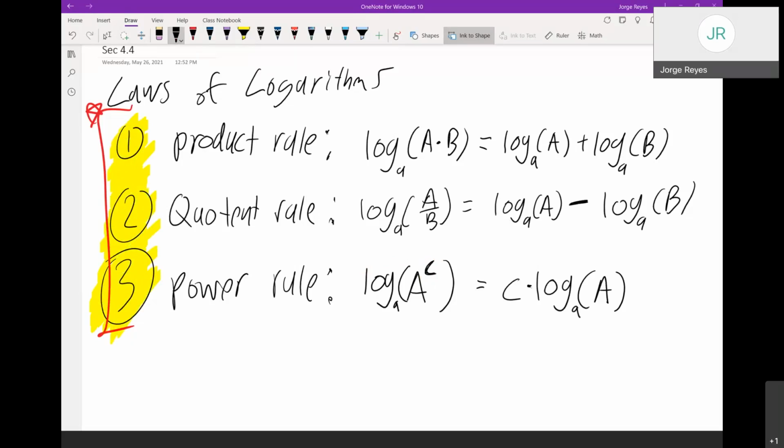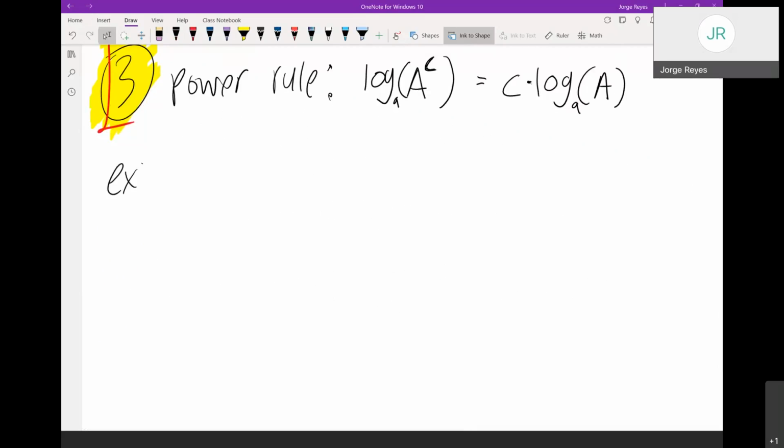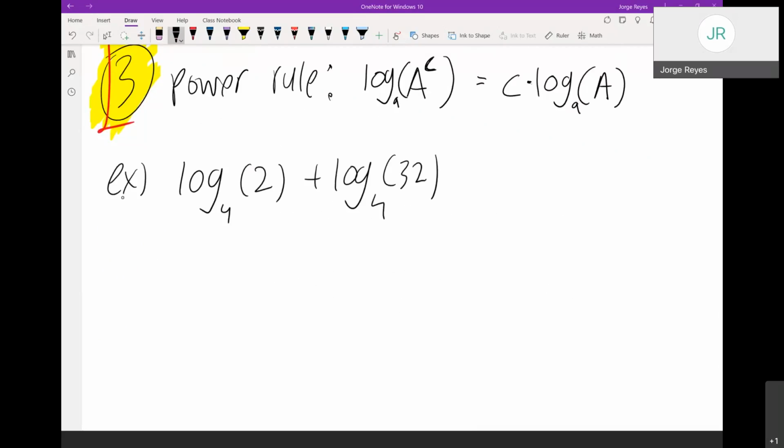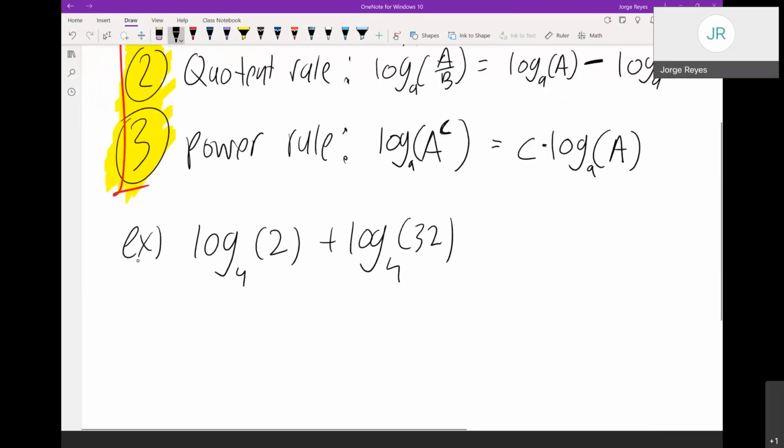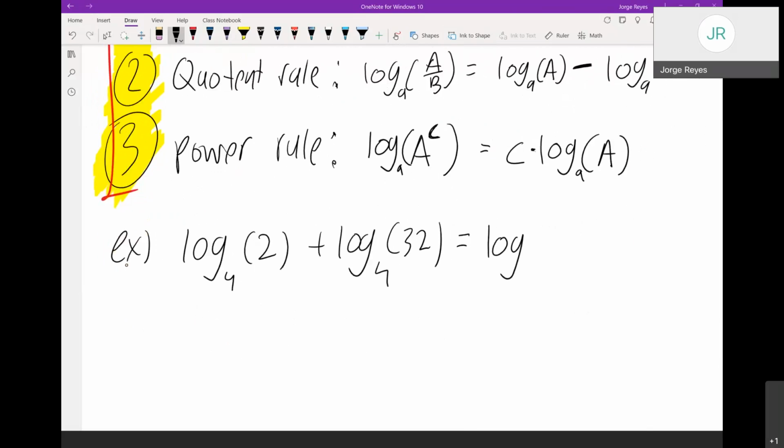So for example, let's pretend I ask you to calculate this thing, log base 4 of 2 plus log base 4 of 32. Well, we can use the product rule and combine them. So this is actually log base 4 of 2 times 32, which is log base 4 of 64, and we all know that 64 is 4 cubed.